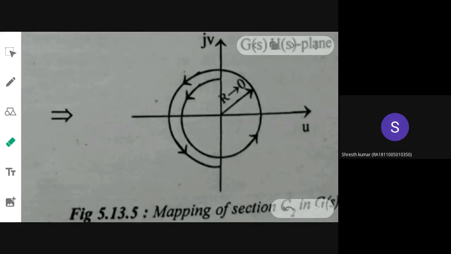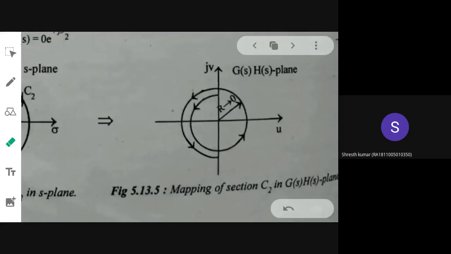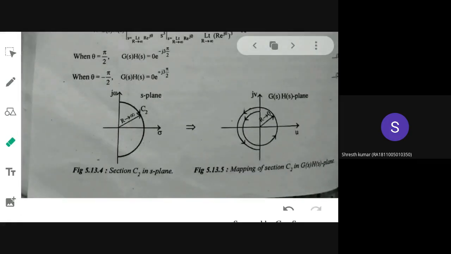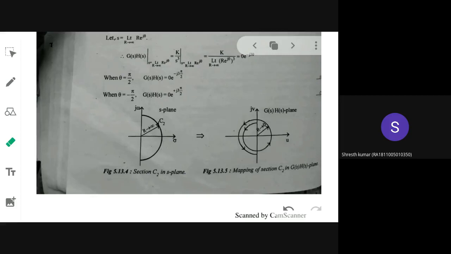I'm trying to explain. So this is 0 angle, and this is minus 90 because negative angles are clockwise. So minus 180, and this is minus 270. So the curve will start from minus 270. So minus 270 is the starting point of the map.